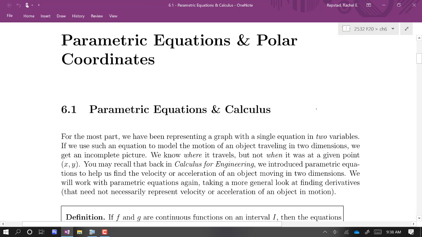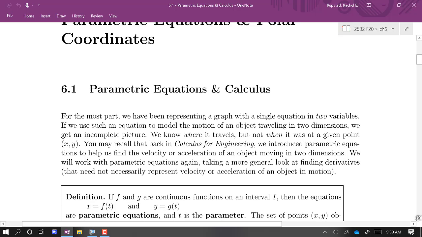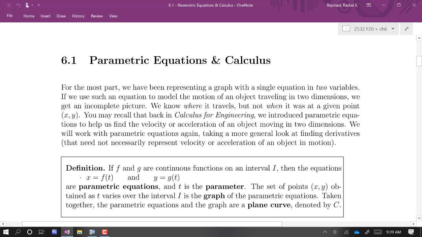Now, back in Calculus for Engineering, if you took that here at Vermont Tech, you might recall that we introduced parametric equations to introduce time into the scenario, right? So rather than having a single equation with x's and y's to represent a path, we have a pair of equations. We have one equation for x and one equation for y.